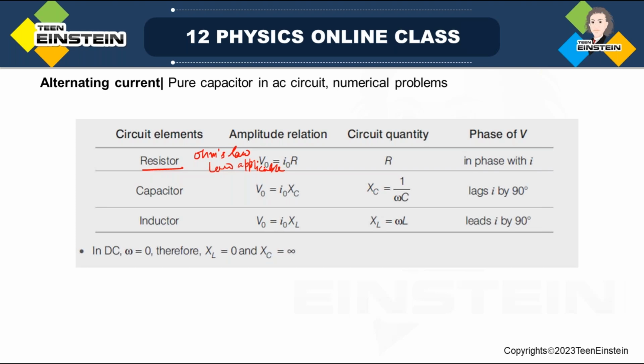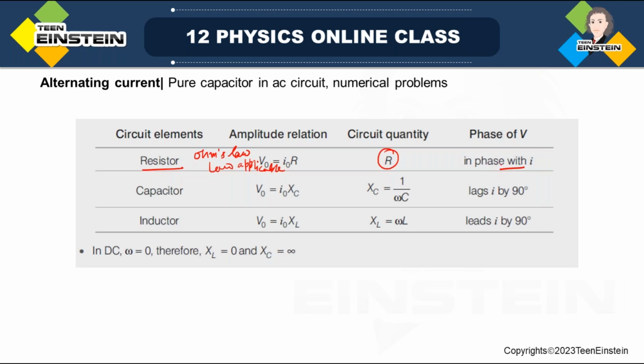So V0 is equal to I0 into R. And the circuit quantity is resistance here. A resistor provides resistance only. That is, in AC also it is resistance, and in DC also it is resistance only.